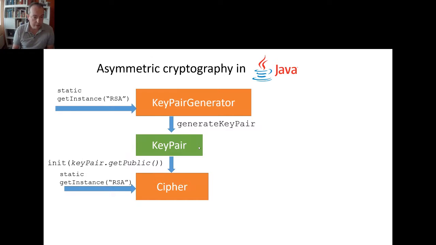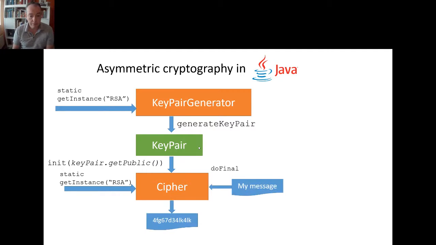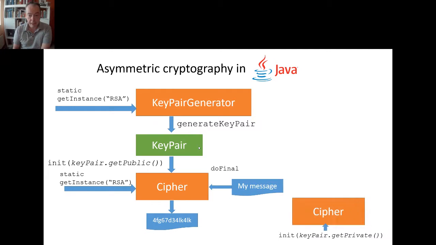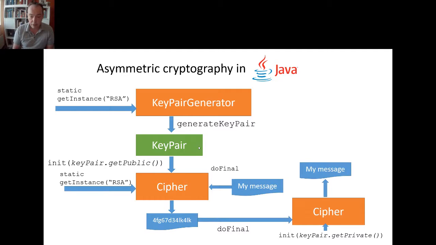So the algorithm works on the public key of this key pair. You put through your message and out comes a ciphertext. And to decrypt it, you use the other key from the key pair, namely the private key, and you call doFinal with the encrypted ciphertext, and out comes my message. So the only difference between symmetric and asymmetric cryptography in this case is that you have two keys and you need one key to encrypt and the other one to decrypt.